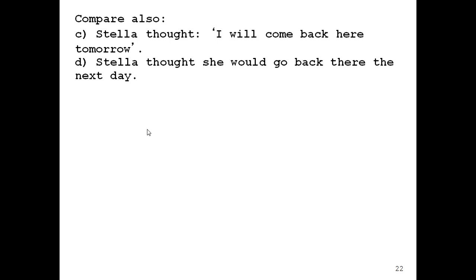Stella thought, inverted commas, so quoted idea, I will come back here tomorrow. D, Stella thought she would go back there the next day. So D is a reported idea, having the same content as C, but you see that the tenses have changed again.